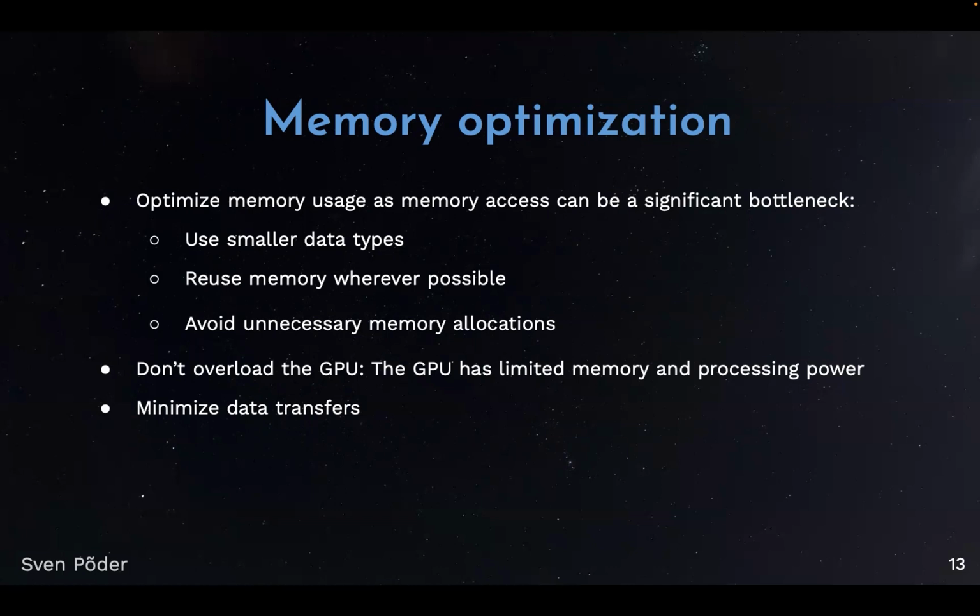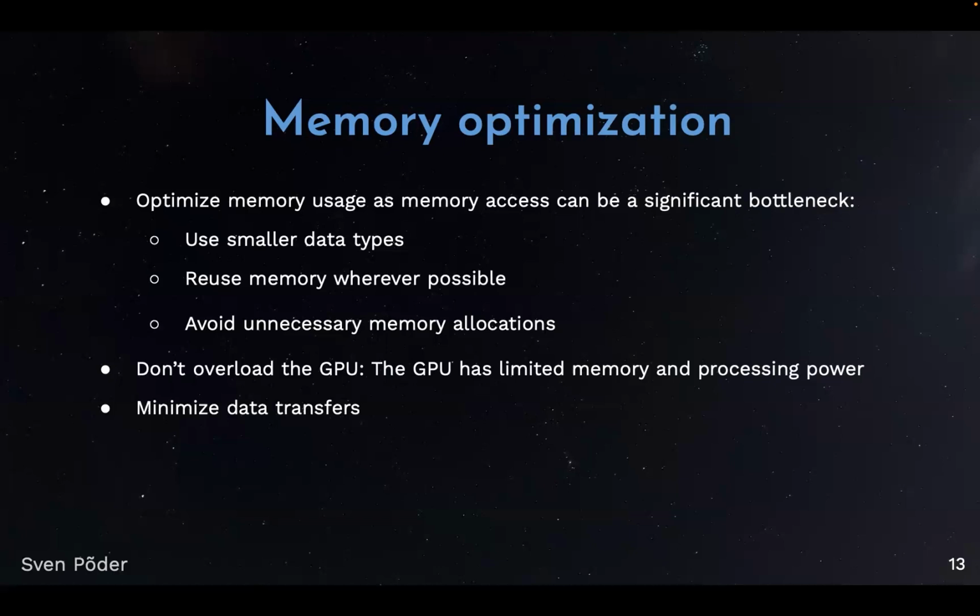Yes. A GPU, let's say, would have 6 or 8 gigabytes of video RAM. So you might not want to load everything into it at once if you have a very large data set. You can easily overload the GPU, so it's better to do it in batches. This is what is done in deep learning.